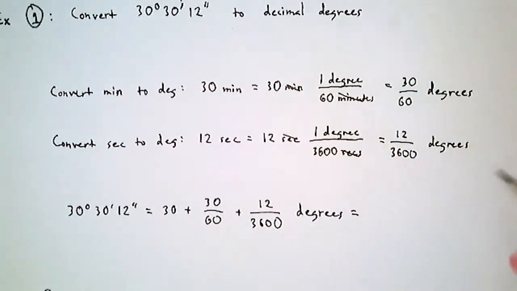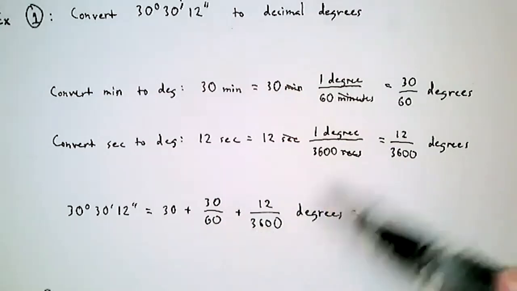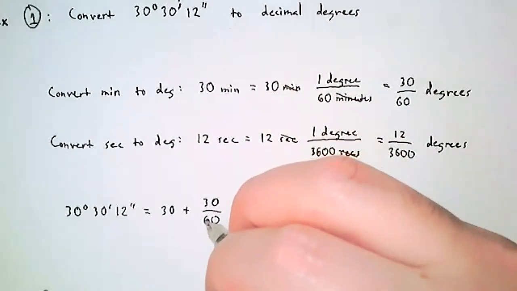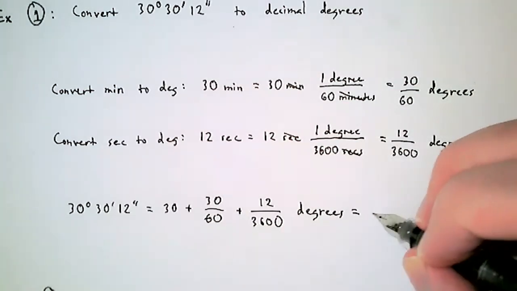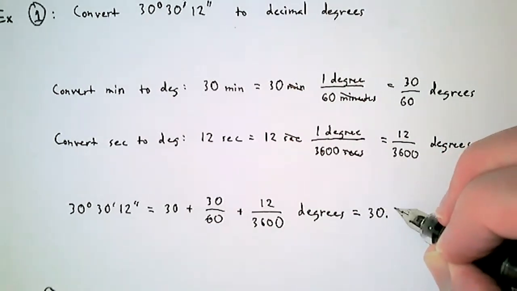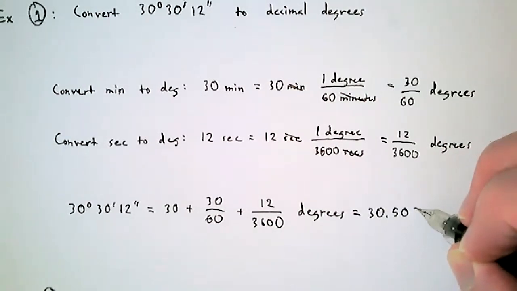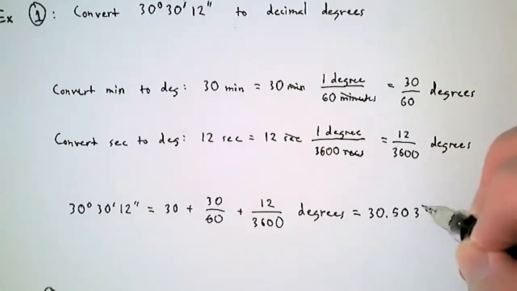Okay. And if we were really ambitious, we could convert our fractions into decimal form using long division or something like that. Or if we were lazy, we could enter it in a calculator to get a decimal. And this is what it comes out to, 30.503 degrees.